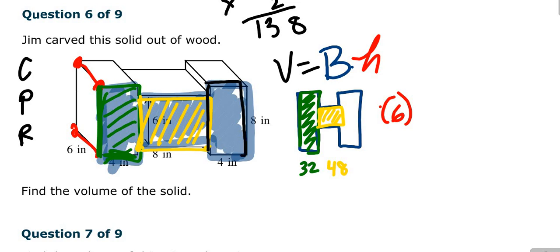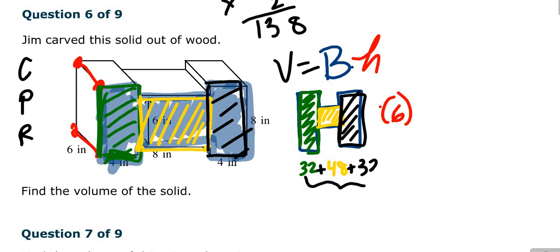And then this last one is 4 times 8 again. 32, and we're going to add all these up together. And that will get us our singular base. So 32, 32, 48.